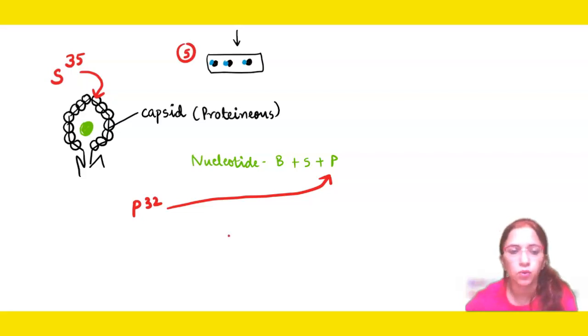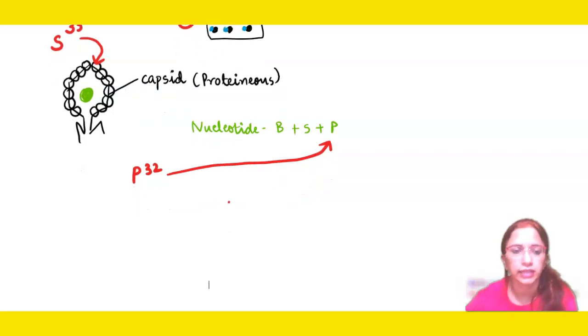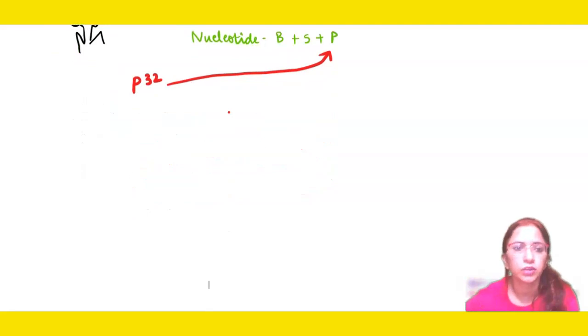Okay, now what they did, they used the radioactive isotopes, and they wanted to check which part of the bacteriophage entered the bacteria and propagated further. So they wanted to check whether it was the capsid or the genetic material that transferred from bacteriophage to the bacteria and then was carried on for the generations.